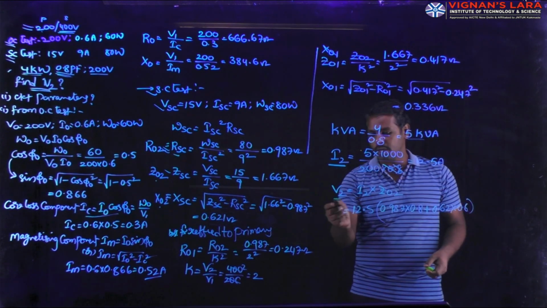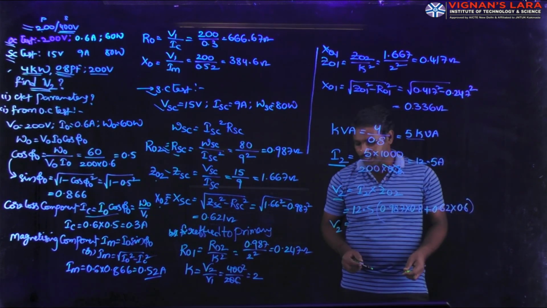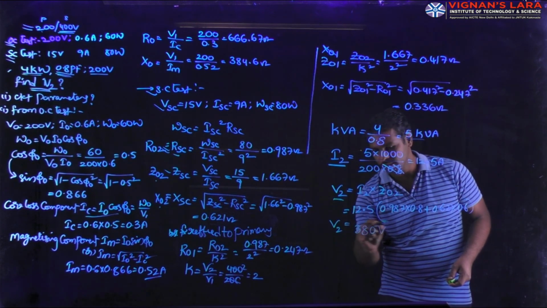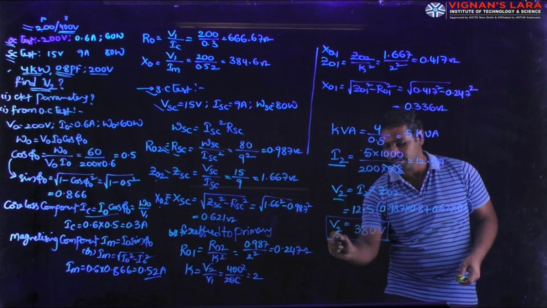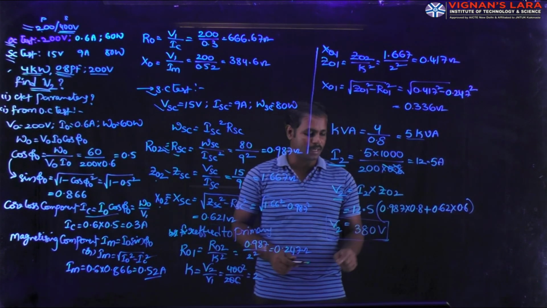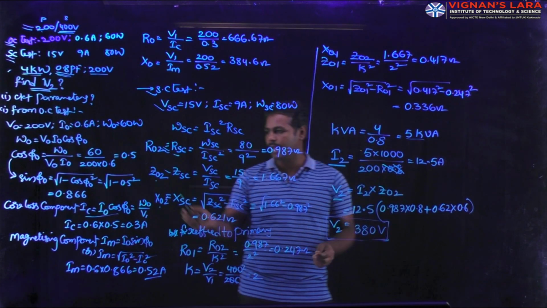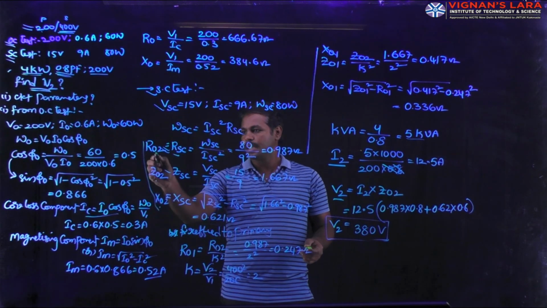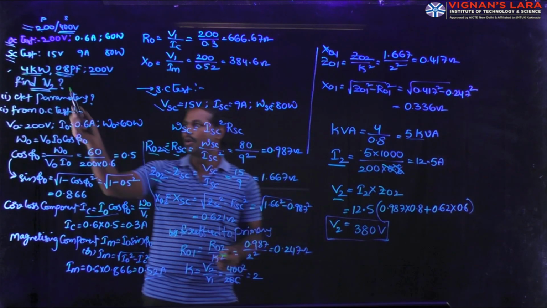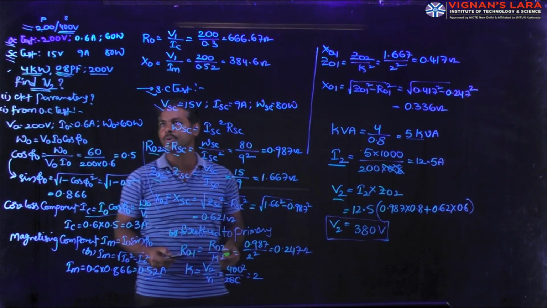So the total voltage or load voltage V2 is equal to 380 volts by simplifying this equation. Whatever the impedance parameters of the given circuit, the corresponding load of 4 kilowatts is supplied at 0.8 power factor.